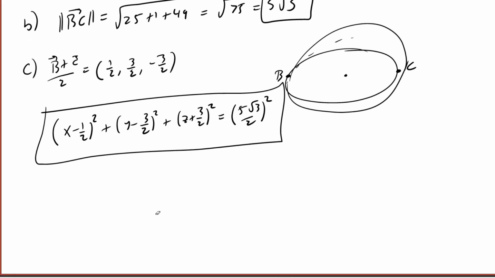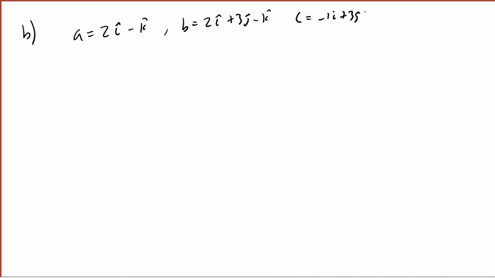Okay, that's part B to question 1. Okay, so B, it gives us A is 2i minus k, B is equal to 2i plus 3j minus k, and C is equal to minus i plus 3j minus 2k.